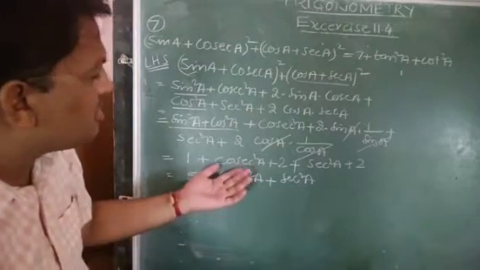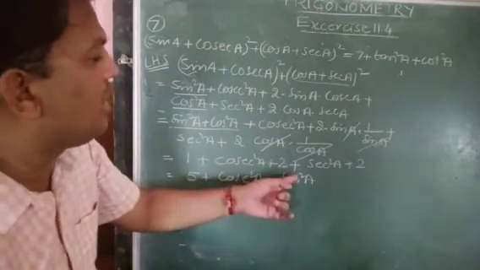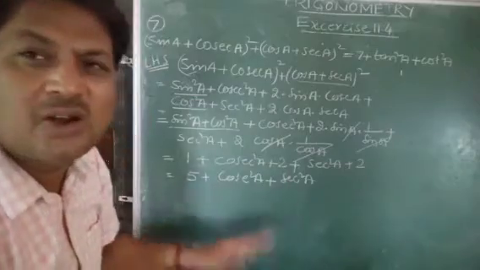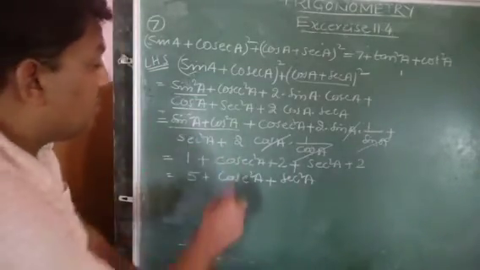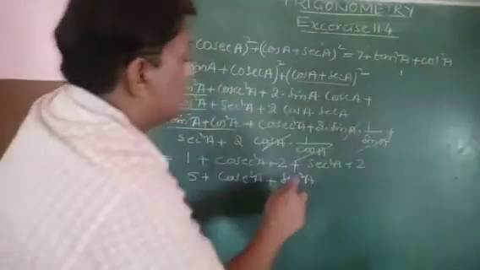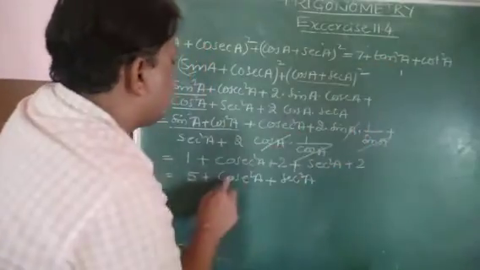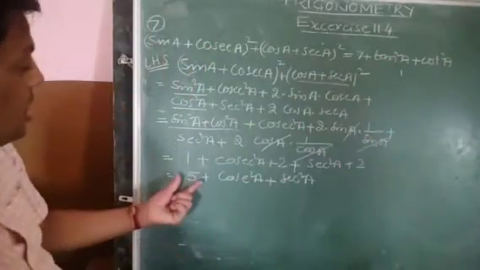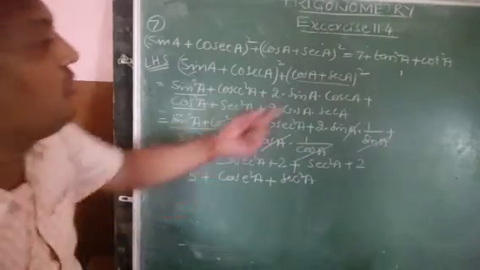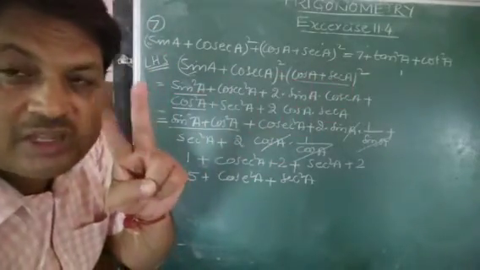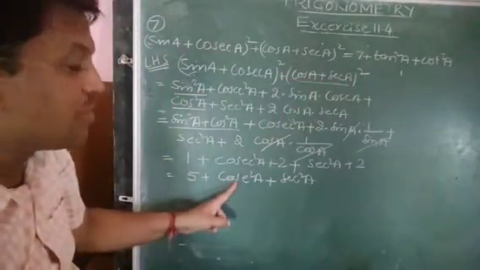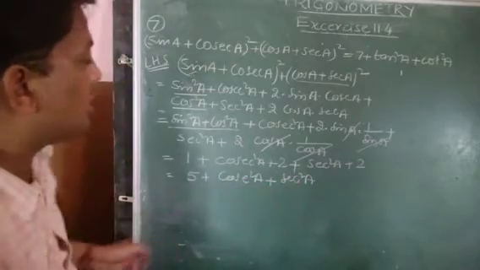So instead of simplifying 1 by sin, 1 by cos and then taking the LCM, directly we have the relations of sec with tan and cosec with cot. Anyhow here there is a 5, we need 7, so there is a shortage of 2. So 1 you can get from here, 1 you can get from here.